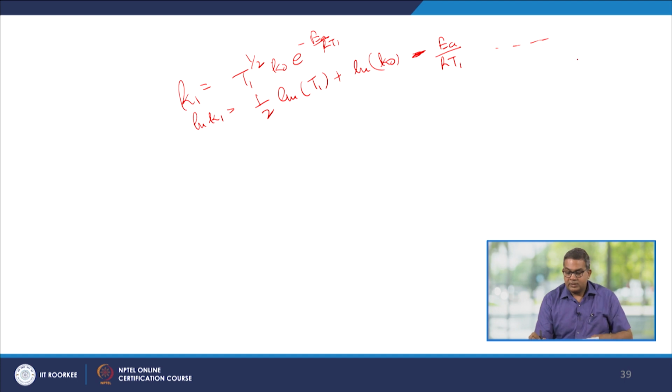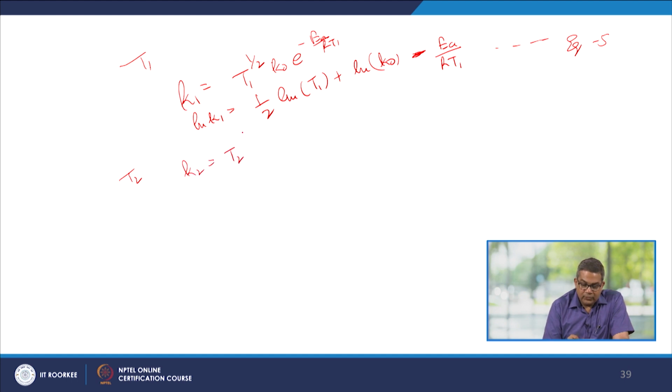Let us say this is our equation number 5. This is for temperature T1, and let us take temperature T2, that is K2 is equal to T2 to the power half K naught e to the power minus EA over RT2, and ln K2 is equal to half ln T2 plus ln K naught minus EA upon RT2.